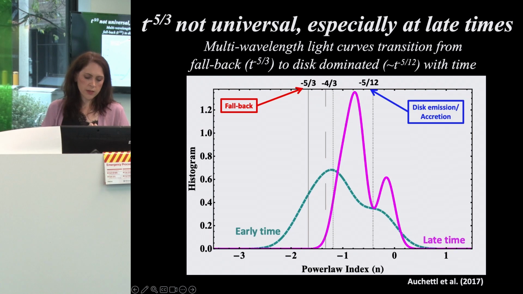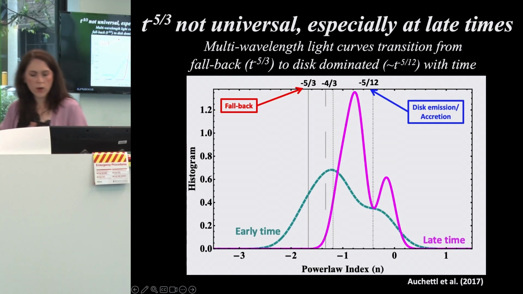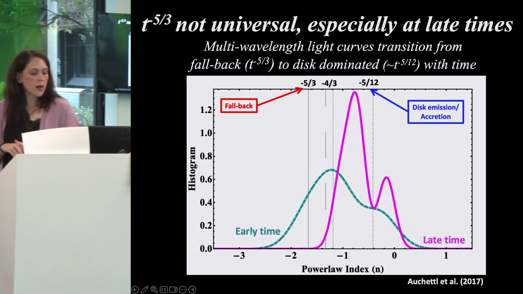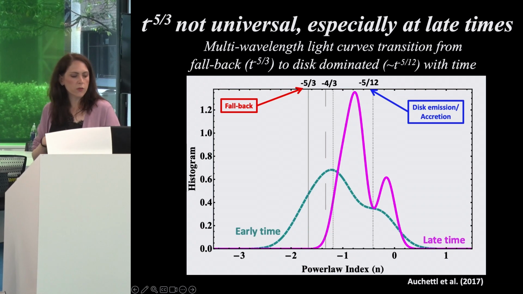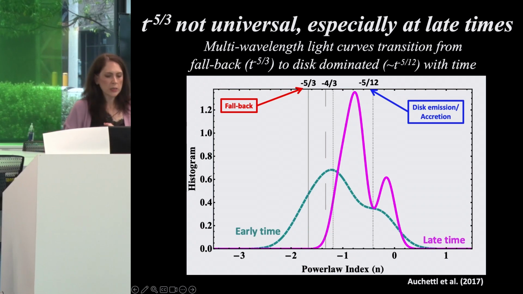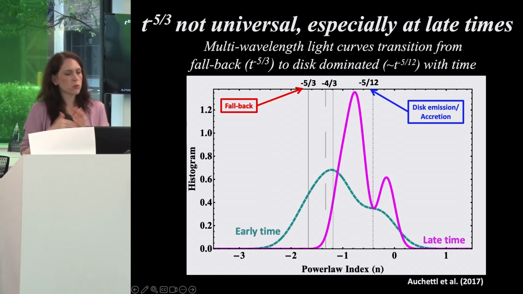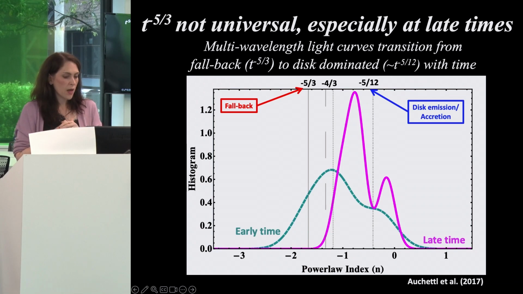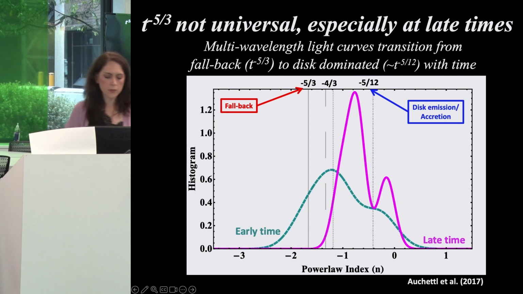While at late times, the emission starts to move away from that, becomes much flatter than this t^-5/3. And the decay rates are more consistent with emission arising from an accretion disk that is formed at late times, right?